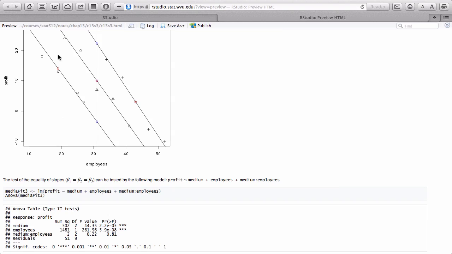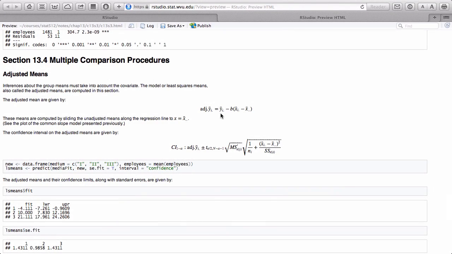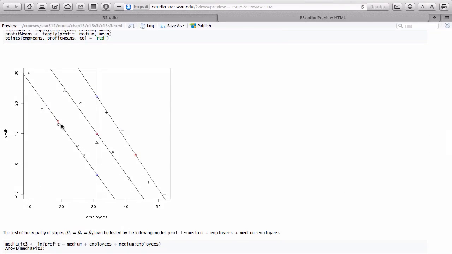This squared plus this squared is equal to that squared, and I can get the slope using trigonometric functions. So the way we adjust is simply take the regular sample mean and subtract off b times x bar i minus x bar. Here's x bar i for the ith group, and this is x bar for the grand mean. So I'm taking that difference and multiplying it by the slope.